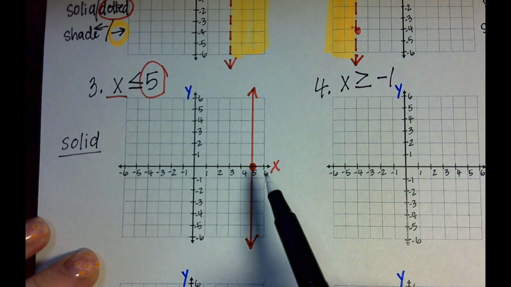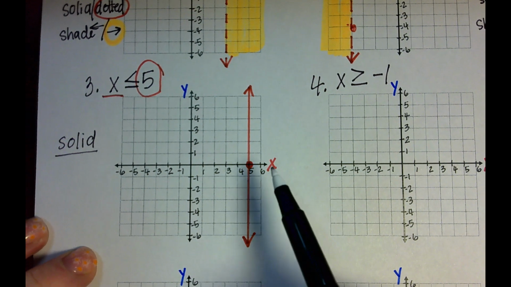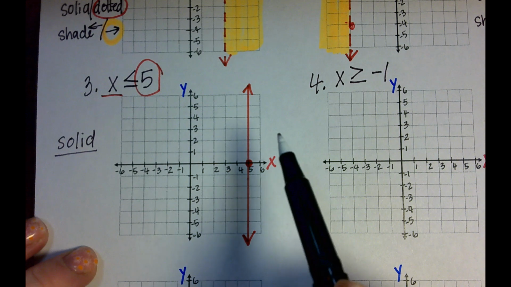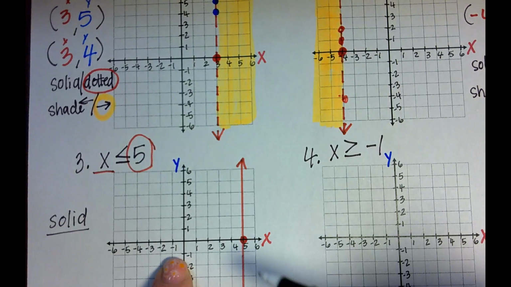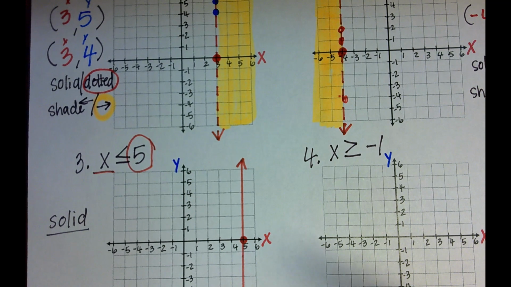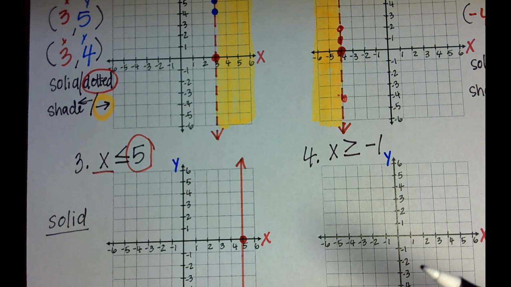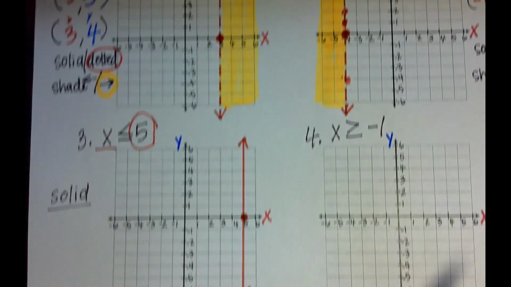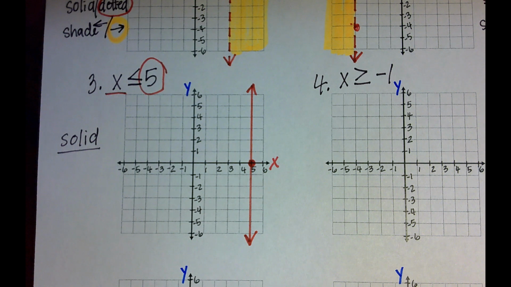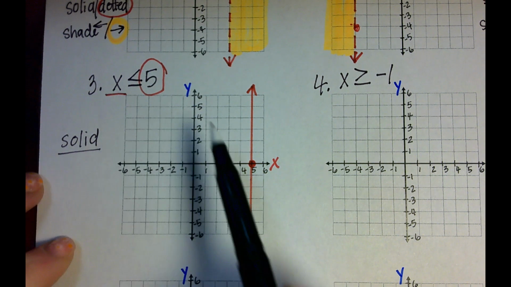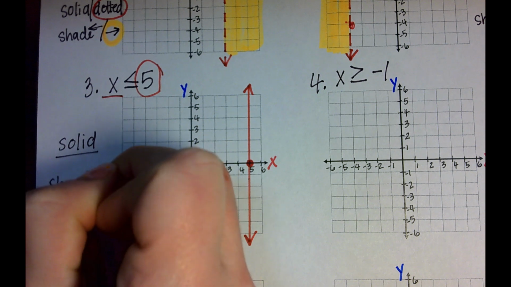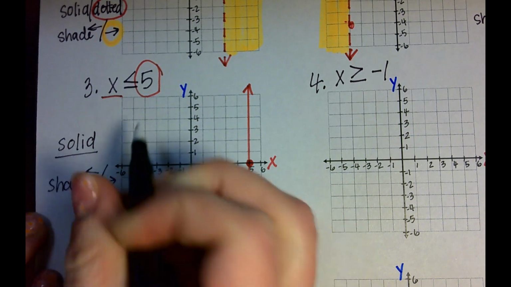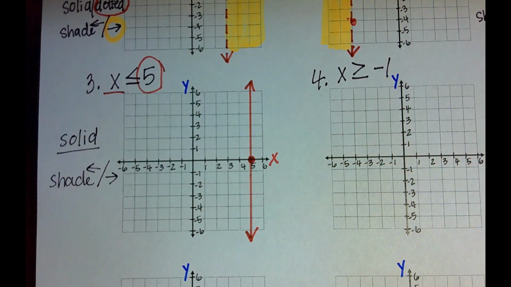Would that be helpful, or is it okay that we just drew a line? Okay, cool. All right. So we knew it was a solid line. Now let's think about which direction we're going to shade. To the left. Good. It's less than or equal to, so we shade to the left.